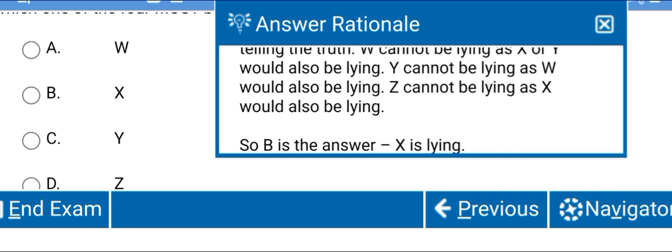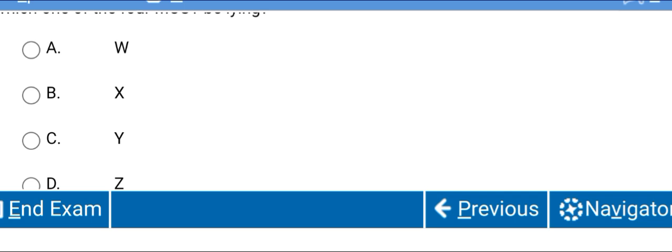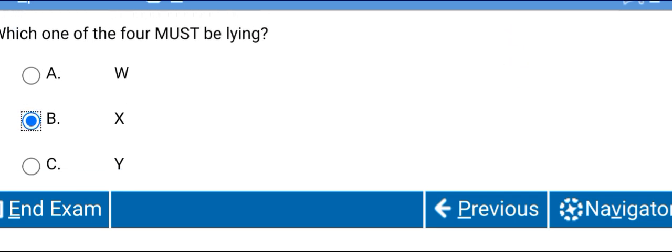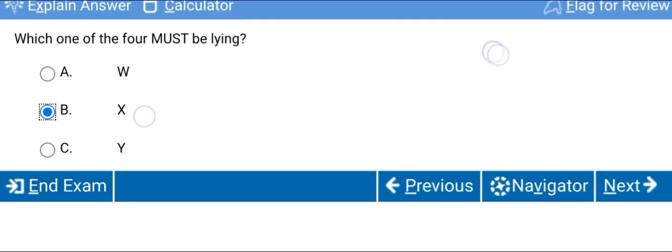Y cannot be lying as W would also be lying. Z cannot be lying as X would also be lying. So B is the answer. That means X is lying.